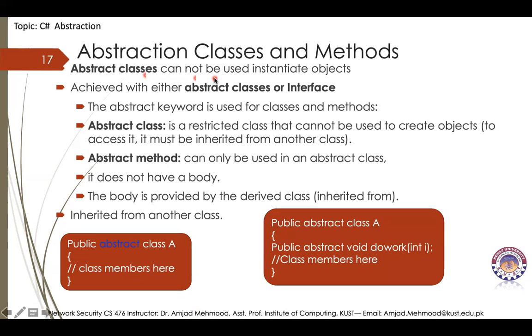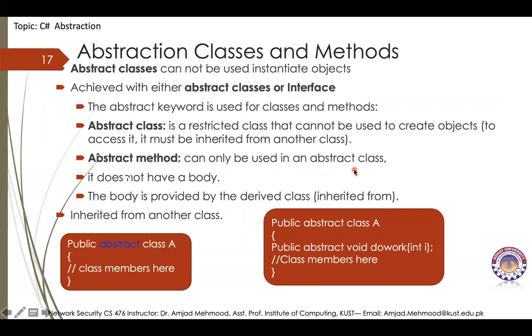Abstract classes cannot be used to instantiate objects. The abstract keyword is used for classes and methods. An abstract class is a restricted class that cannot be used to create an object. So this is one of the key things: you will not be able to create an object of your parent class if your class is abstract. An abstract method can only be used in an abstract class.